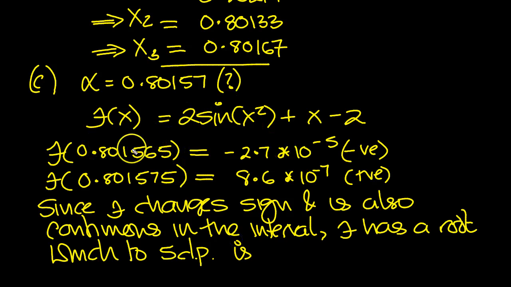If it lies in between, to 5 dp it's going to equal 0.80157, isn't it? Anything in between this interval, rounded to 5 dp, which is where the root lies, is a root and is 0.80157.